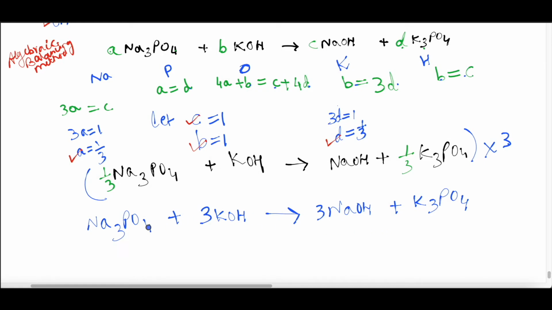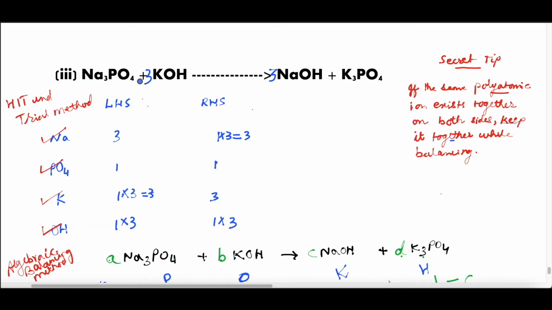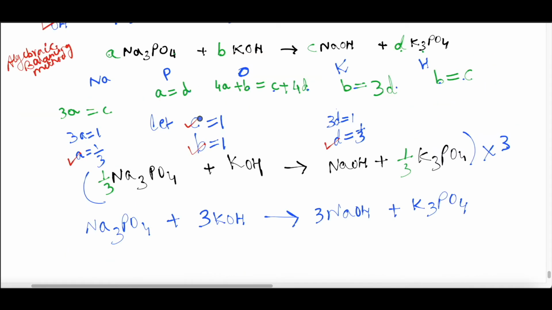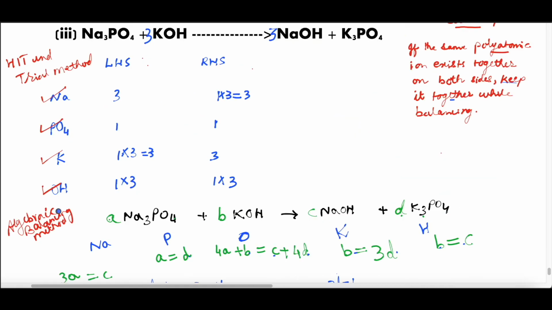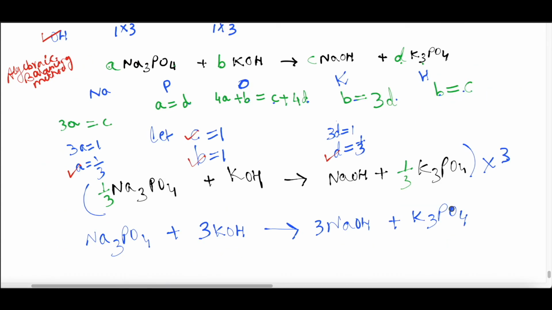So this is a balanced chemical equation by algebraic balancing method, and this chemical equation is the same as what we have got by hit and trial method. I hope you have understood how to balance the chemical equation by both hit and trial method and by algebraic balancing method. Now we will practice one more chemical equation and let us see how it will get balanced.